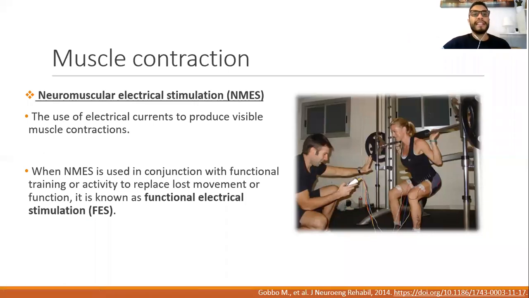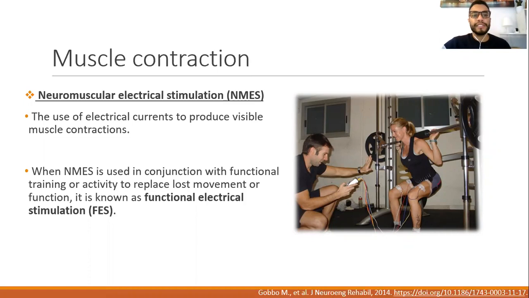So the currents that are used for muscle contraction are called neuromuscular electrical stimulation, NMES. Okay, so this is a common nomenclature that you'll find in the literature.